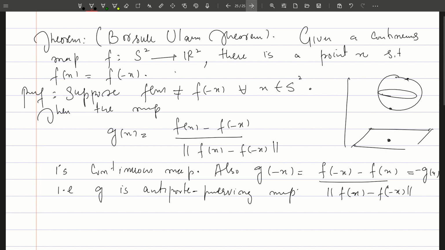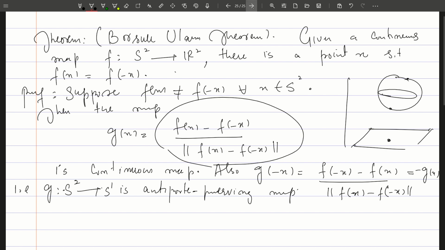So now this g is a map from S2 to S1 because the length of this vector over here is 1. So this point will lie on S1. So this is an antipode preserving map. But we just proved there is no such map which is continuous and antipode preserving.